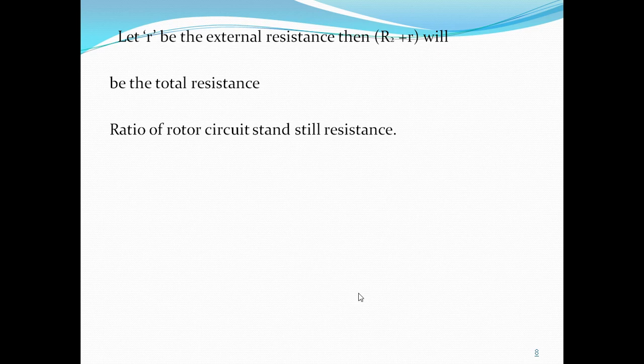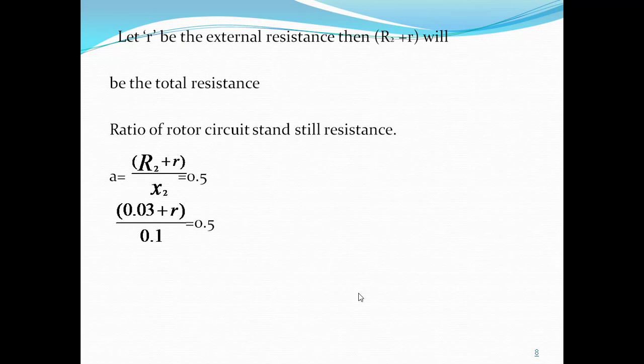Then the ratio of rotor circuit standstill resistance, that is (R2 plus R) by X2, is equal to 0.5, where X2 value is 0.1 and R2 value is 0.03. Then it is one equation, one variable.